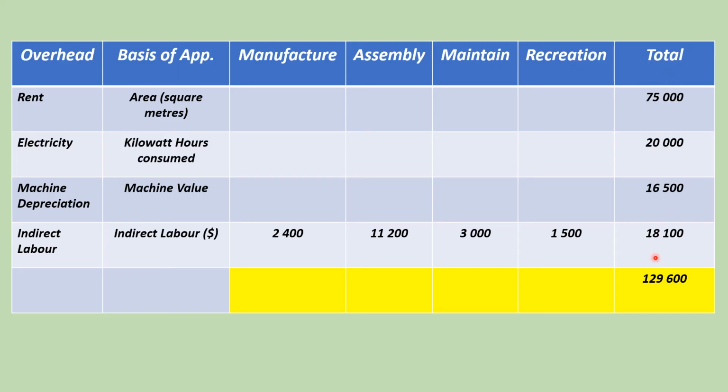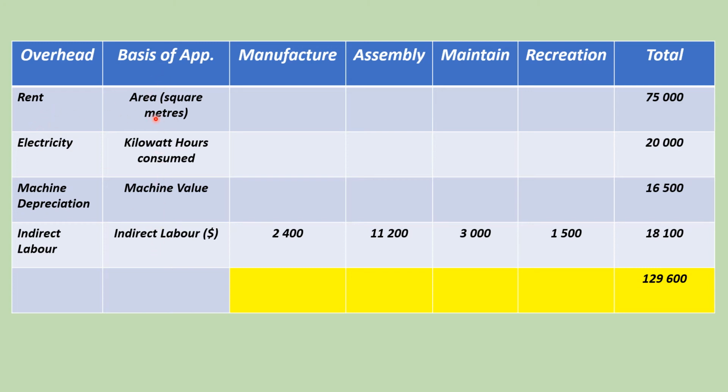This column is not really necessary, but you can keep it in there as a control so you know when you have balance. So the basis of apportionment taken is part of your answer.